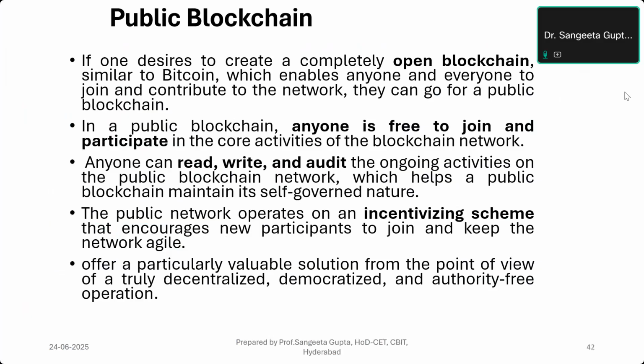Here, the user is also given the right to read, write, and perform audit of the ongoing activities on the public blockchain network. Hence, it is said to be self-governed in nature, as there is no boss, there is no hierarchy to be followed.